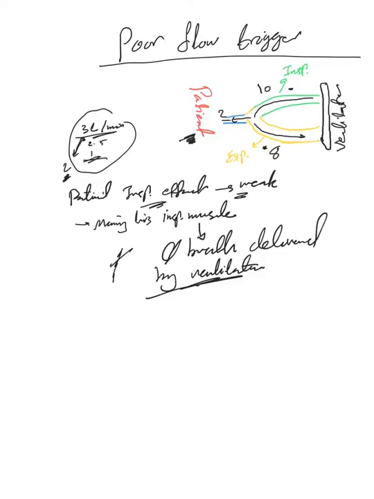Nebulizer treatment is basically a tube, and it will be connected here, and you give an extra flow, for example 7 liter per minute. So you have 7 plus 10, now this will be 17, right?